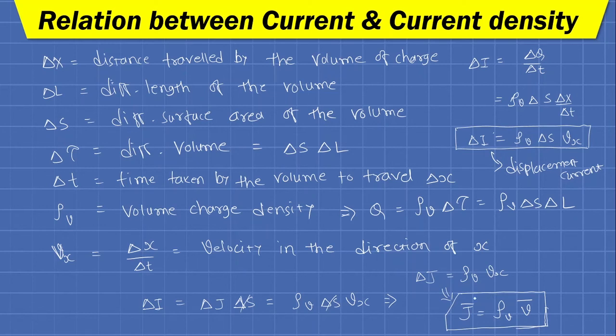And we can say that current density is directly proportional to the volume charge density of a medium and the velocity of the moving charge. So this is another kind of relationship that will be useful in further study and future lectures of this series.